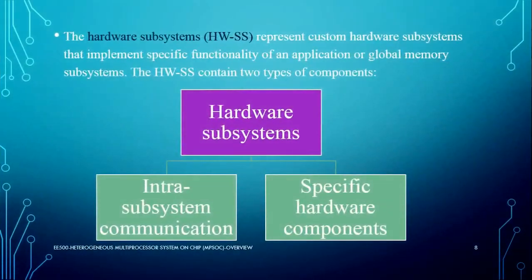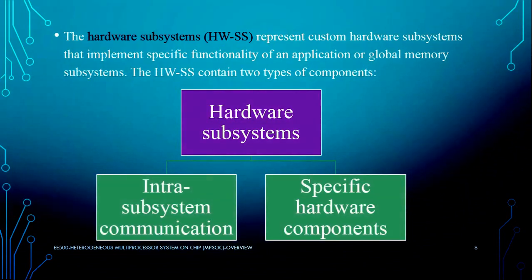So what's in a hardware subsystem? A hardware subsystem is nothing but an implementation of a specific functionality of an application or a global memory subsystem. To understand it more, it means components associated with a specific application. In hardware subsystem, we can divide it into two types, that's intra-subsystem communication and specific hardware components.